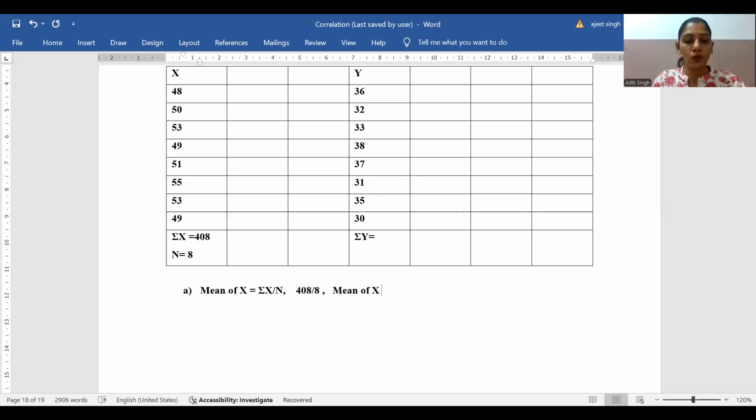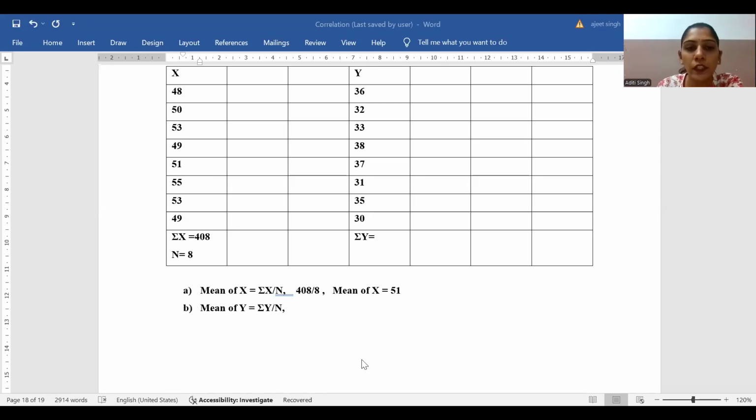Now similarly, let's calculate the mean of y, which is equal to sum of y divided by n. Let's first calculate the sum of y: 36 plus 32 plus 33 plus 38 plus 37 plus 31 plus 35 plus 30.